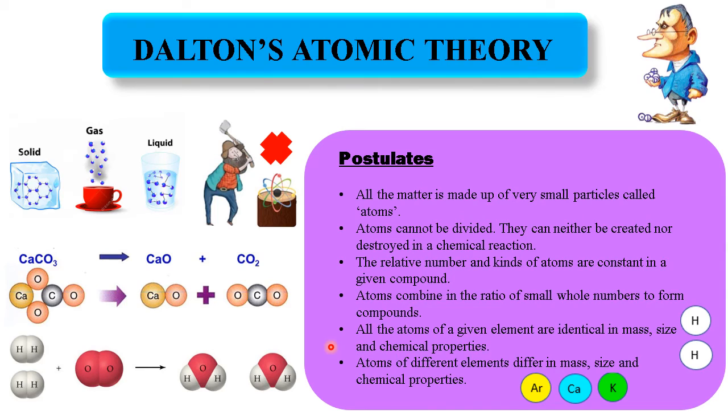This explanation will become much clearer through an example. Here we have taken an equation of decomposition of calcium carbonate. As you can see, calcium carbonate has 1 calcium atom, 1 carbon atom and 3 oxygen atoms in the reactant.